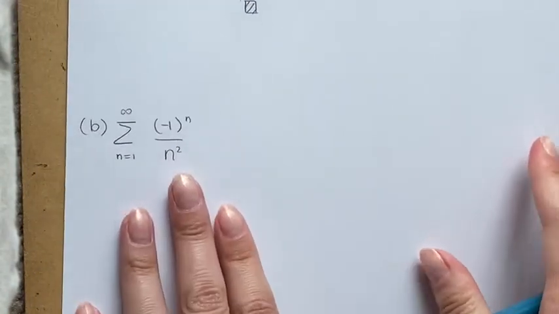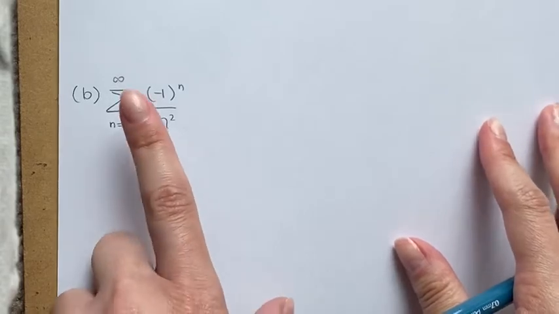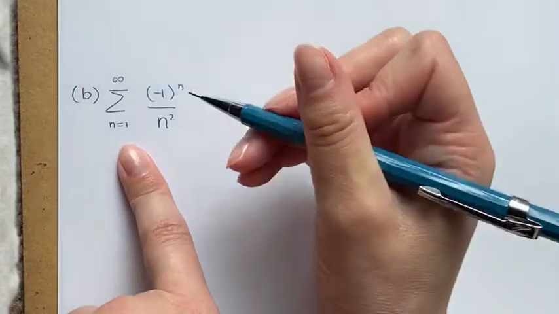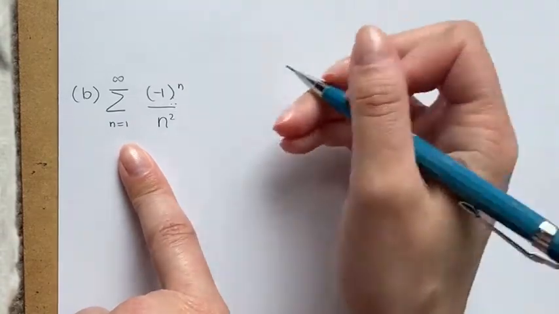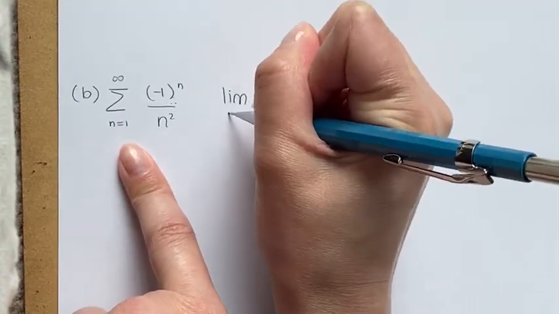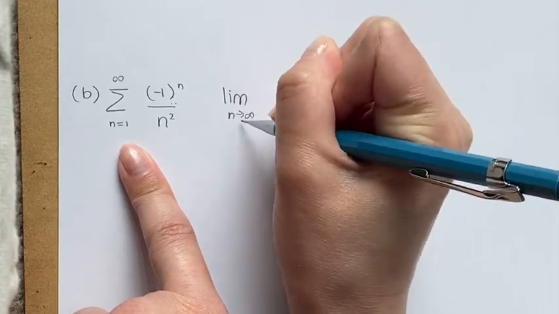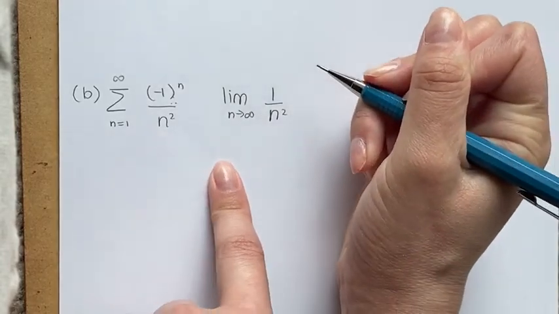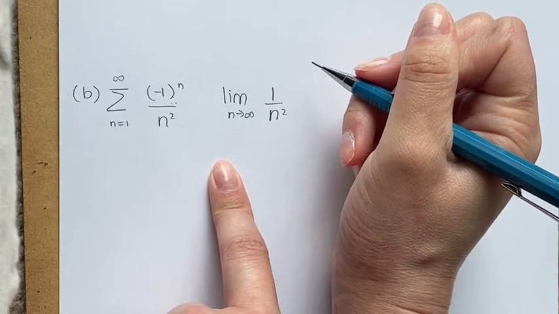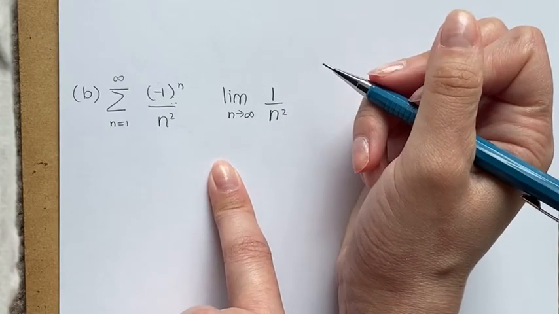For the second example that we have over here, this is an alternating series. So let's get the limit of the rest. It's going to be the limit when n goes to infinity of 1 over n squared. What happens when you get this?